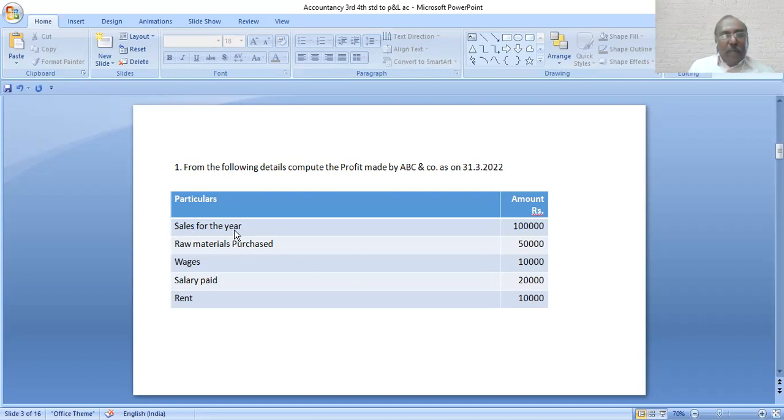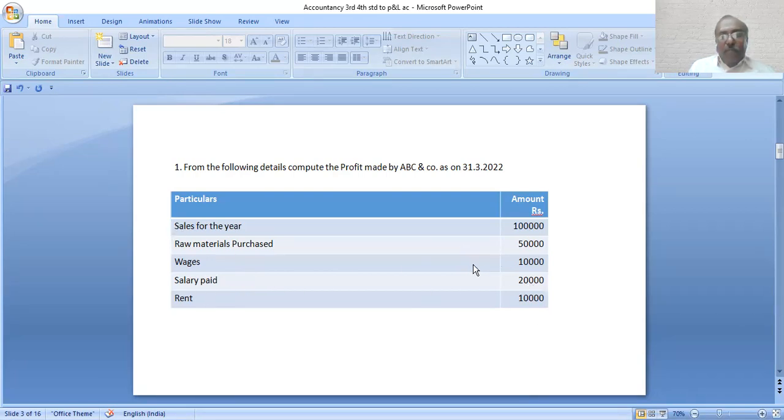Here the information is given: from the following details, compute the profit made by ABC and Co for the year ending 31/3/2022. Sales 1 lakh, raw material purchase 50,000, wages 10,000, salary paid 20,000, rent 10,000.